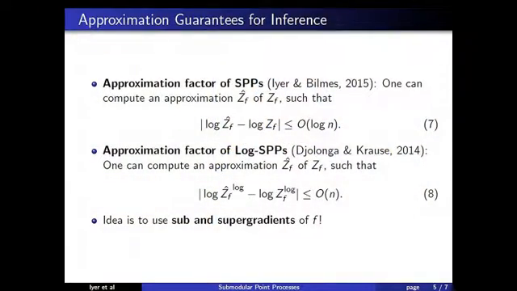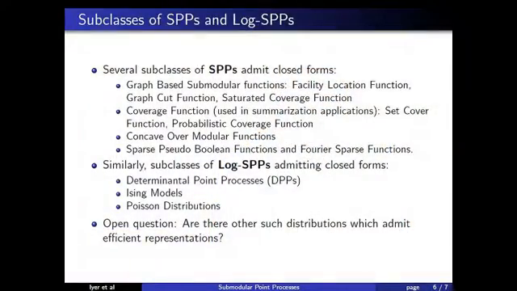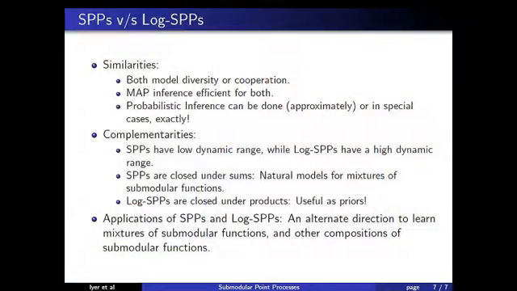On the other hand, we can also show approximation guarantees: for SPPs, you can compute an approximation which is order log n, and it was shown in the context of log-SPPs by Djolonga and Krause that you can get an order n approximation. The idea is to use sub- and supergradients of a submodular function. Though these properties are known, a number of subclasses of submodular functions actually admit exact probabilistic inference for both SPPs and log-SPPs. An interesting open question is, what are the other such distributions that can be characterized that admit efficient inference?